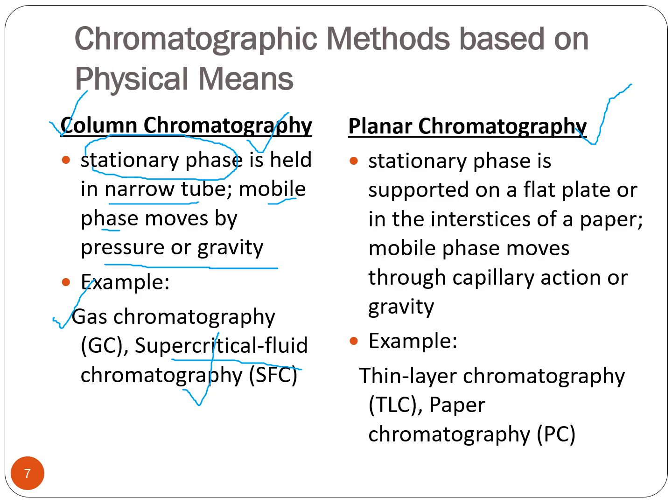Okay, untuk planar chromatography, stationary phase is supported on a flat plate or in the interstices of a paper. Untuk flat plate ni macam thin layer chromatography. Ataupun kalau interstices of paper ni adalah paper chromatography. Okay, kalau you ingat dalam CHM 256 you pernah buat paper chromatography.